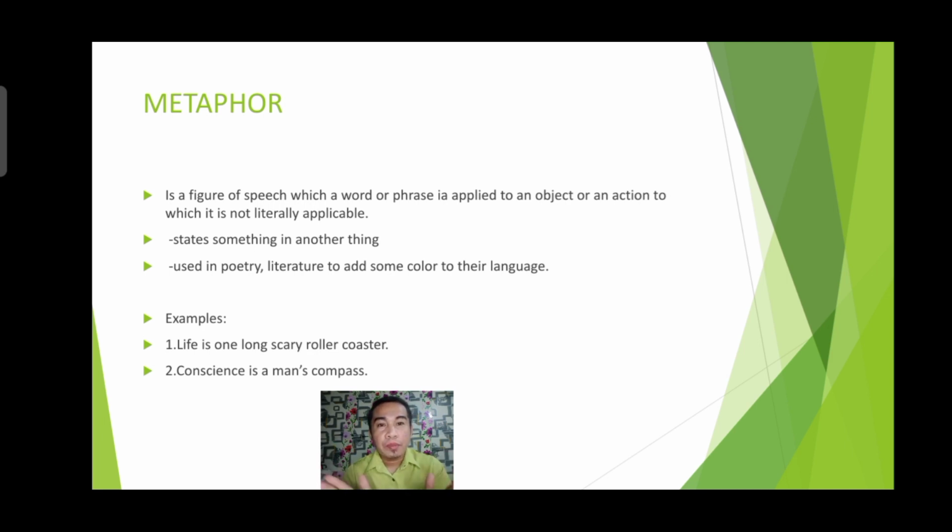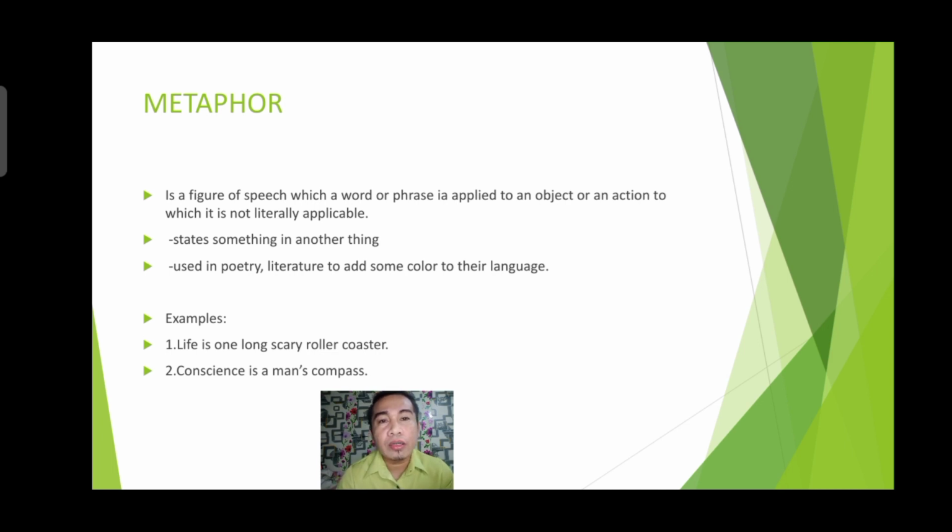So what are the things that are being compared? We have our life compared to a roller coaster. But then we don't need to use like or as, unlike the simile. Alright?